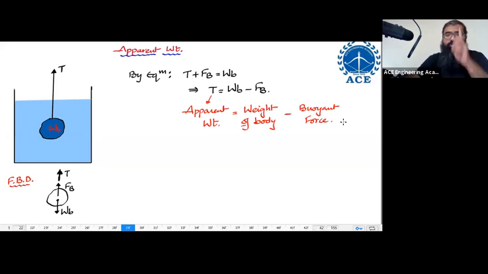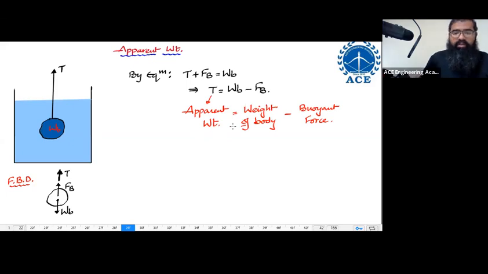There is a buoyant force, an upward thrust pushing you upward. Since buoyant force is upward and weight is downward, you have a difference between these two. That is what mentally you feel your weight is. That is why it is called apparent weight. It is not actual weight. It is appearing to you like the weight. Therefore, it is called apparent weight. I hope this is clear to all of you.